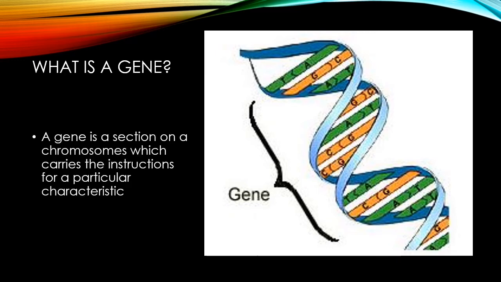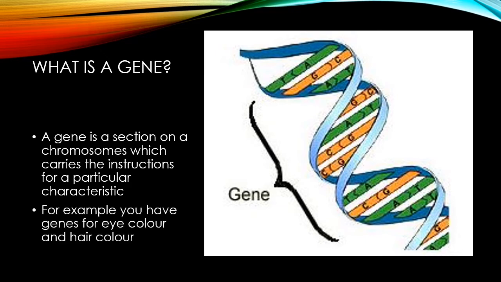So you could have genes for eye color, hair color, the shape of your nose, genes for lots of different things. So a gene carries instructions for a particular characteristic in your body, and the gene is a small section of a chromosome.